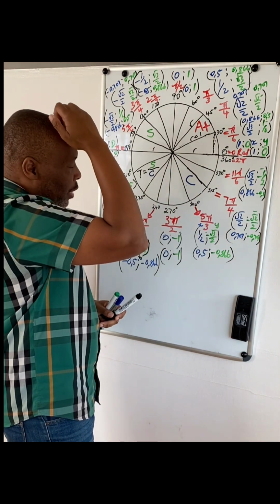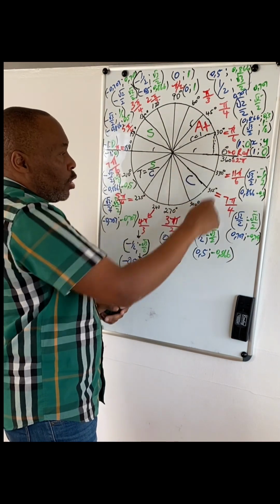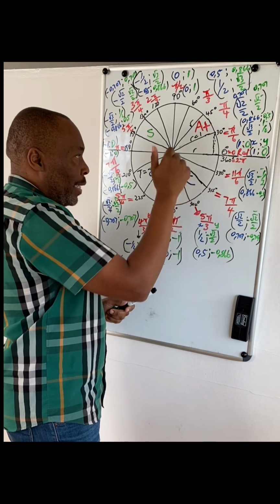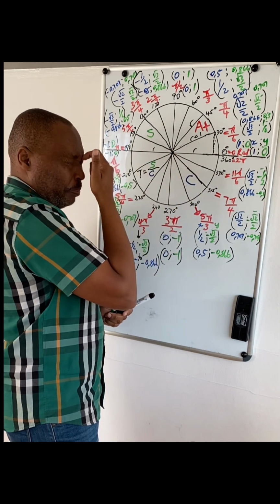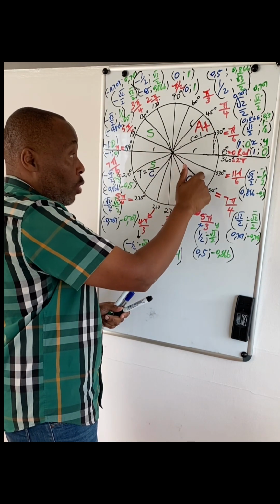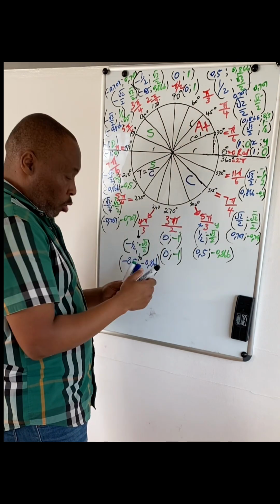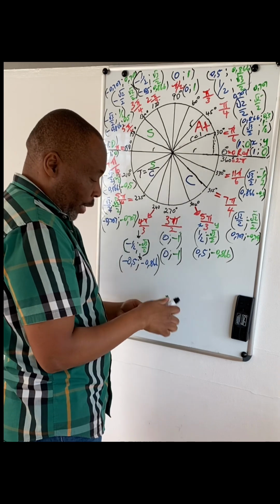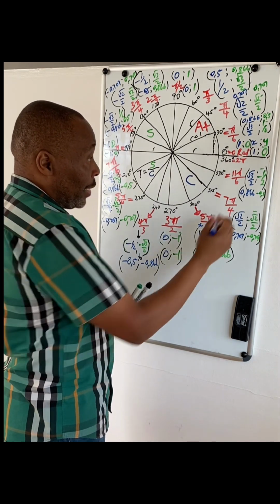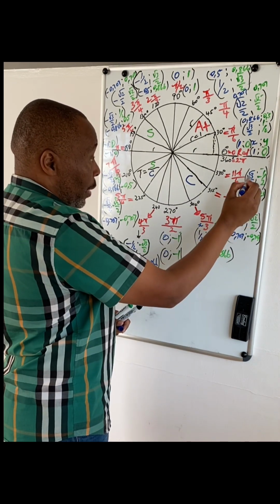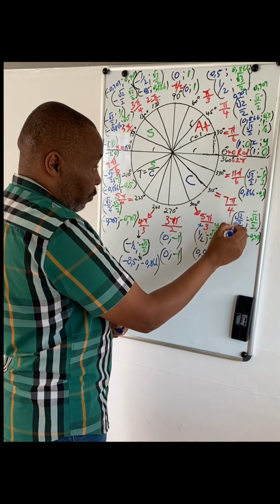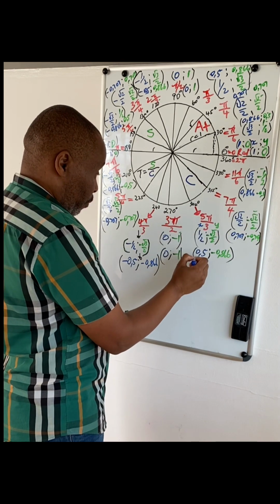Looking for positive ones, cos is positive, or rather x is positive, in the fourth quadrant and also in the first quadrant. That's where cos is positive. If you look at this here, cos is the x value, and the x value is positive here.